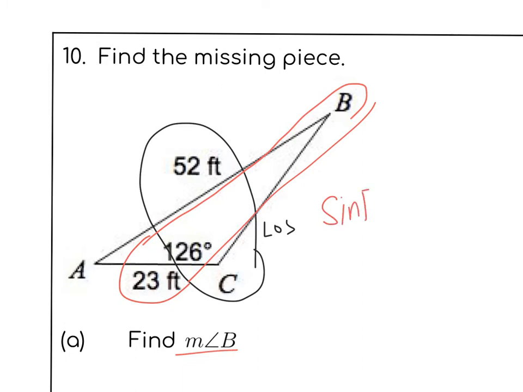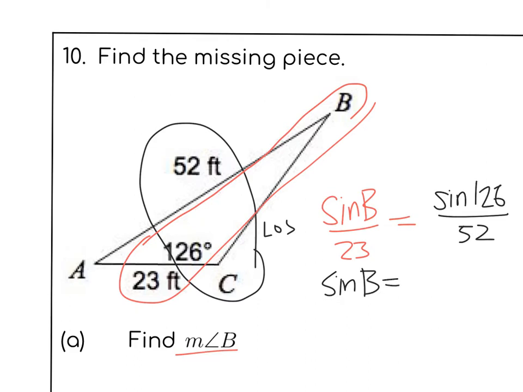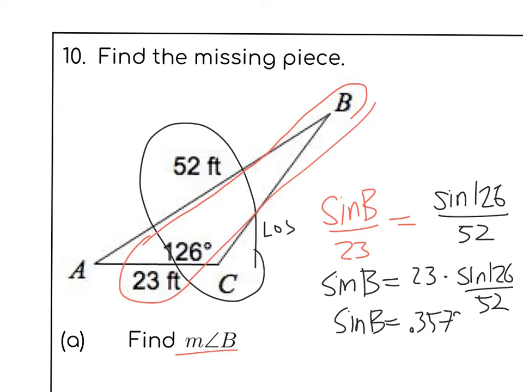So sine B over 23 is equal to, I'm going to use the same colors, sine of C, which is 126 degrees, over 52. I'm going to get sine B by itself by multiplying by 23. So I get 23 times sine of 126 divided by 52. Doing that out, we end up with sine of B is equal to 0.3578.